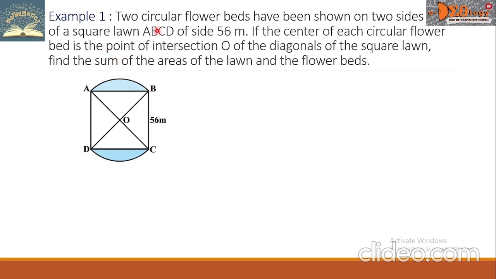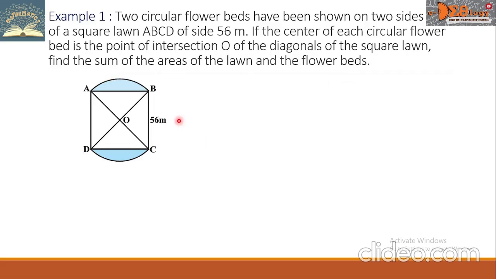Example 1. Two circular flower beds have been shown on two sides of a square lawn ABCD of side 56 meters. If the center of each circular flower bed is the point of intersection O of the diagonals of the square lawn, find the sum of the areas of the lawn and the flower beds.